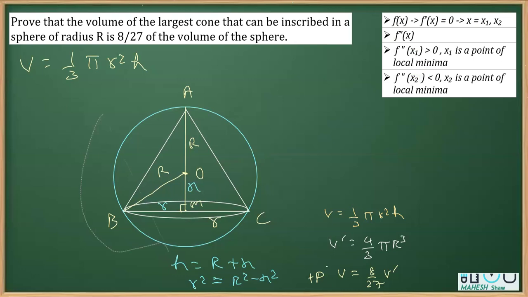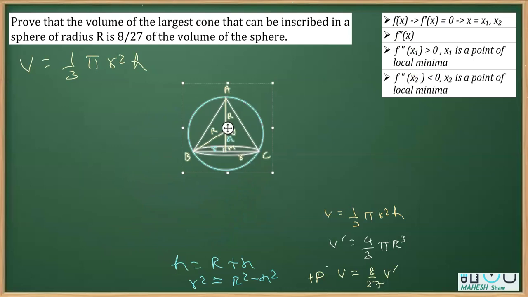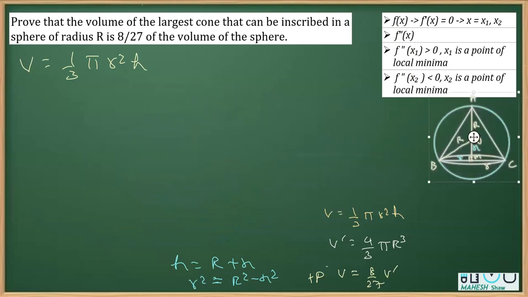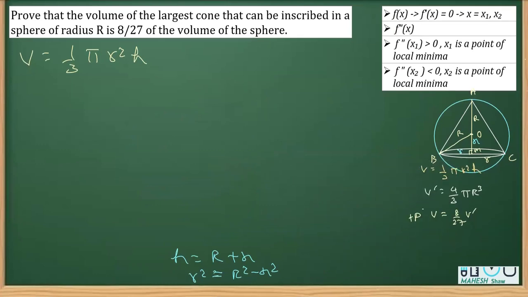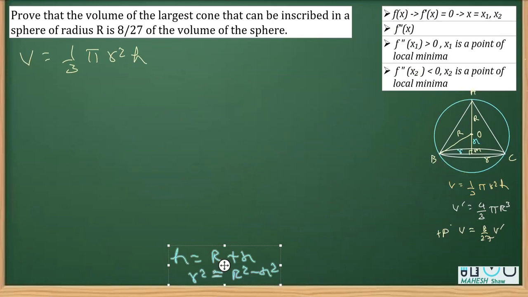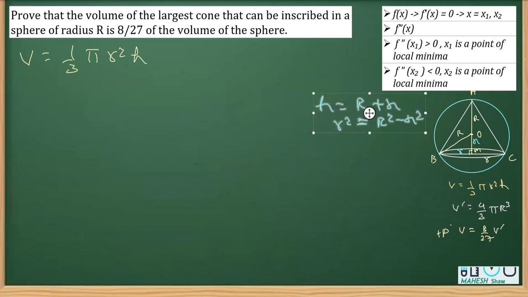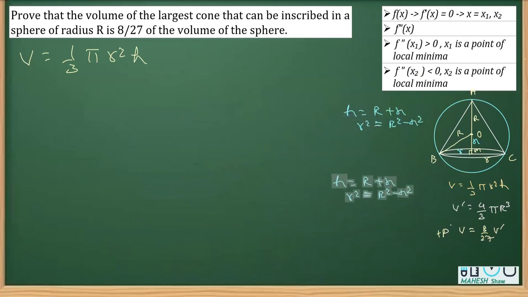So I've used this figure and obtained some relations to help us during substitution. And we have also obtained what we have to prove, which is some relation with the constant. I can place it here.